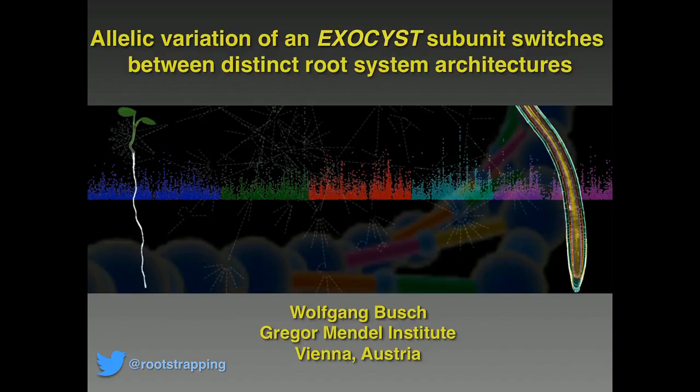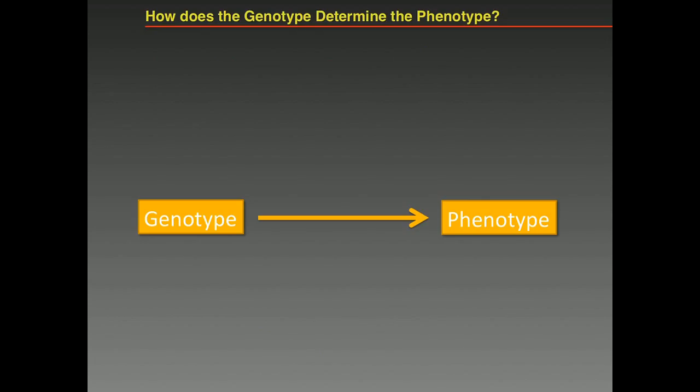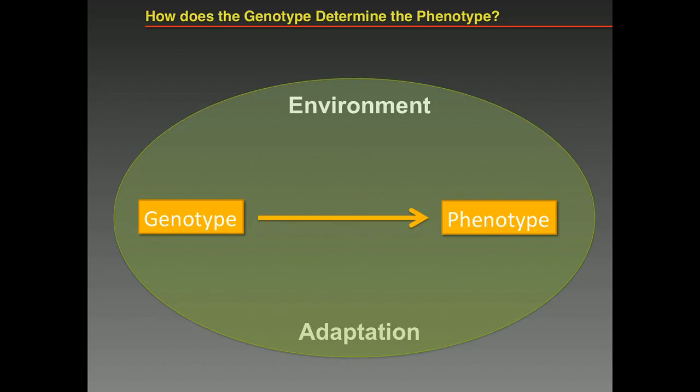Okay, great. So my lab is interested very generally in a very common question, and that is, how does the genotype of an organism determine its phenotype? And in particular, we are also interested in phenotypes and genotypes that have some relation to adaptation and the environment.